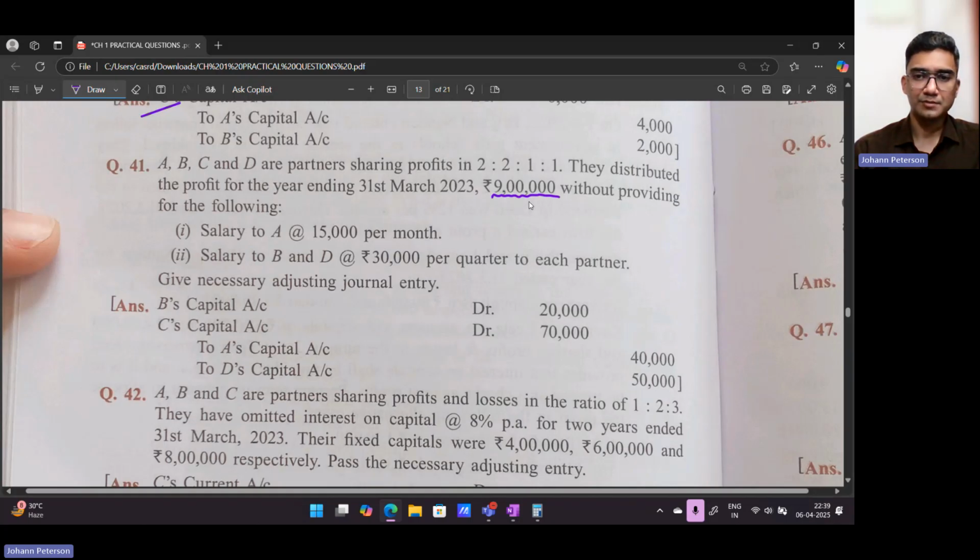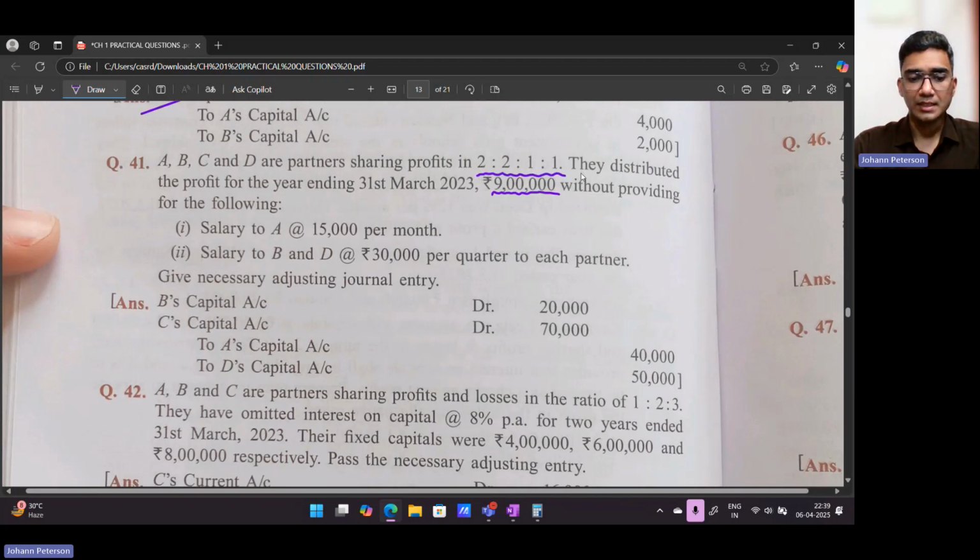So this profit of 9 lakh was distributed in the ratio 2 is to 2 is to 1 is to 1. Therefore, we will first take this back. Now, why is it that we will take it back? I'll explain it in a while. First, we will solve it in the shorter way, the actual way like we should do.